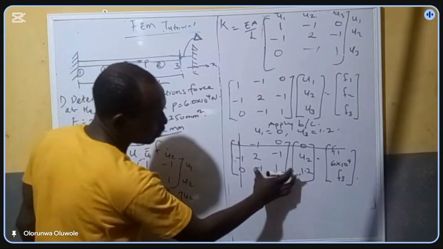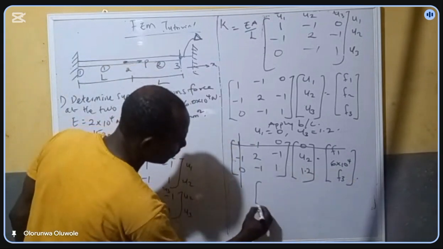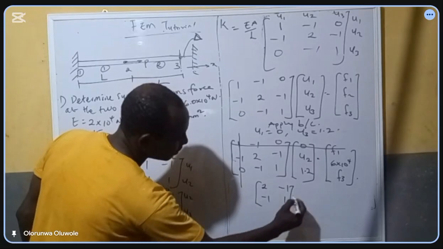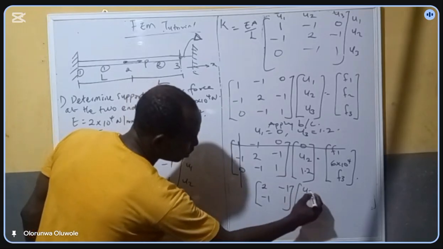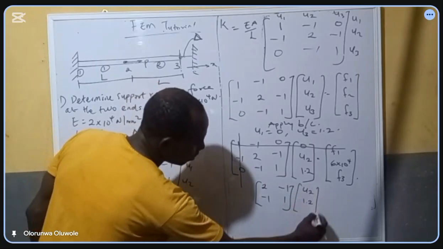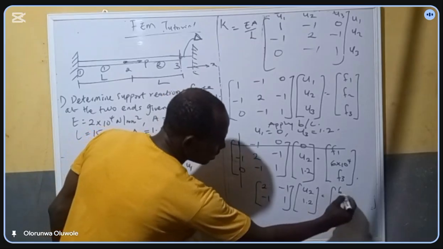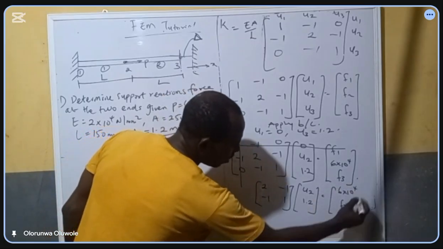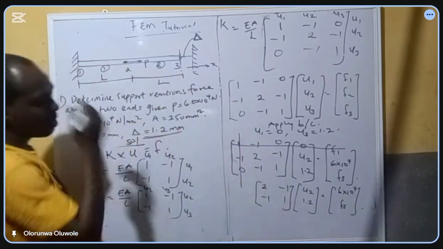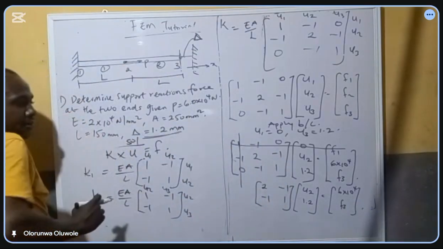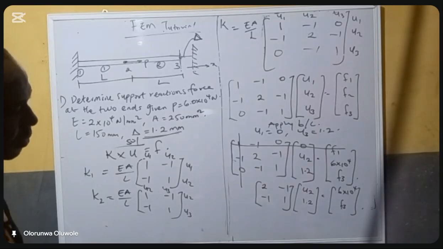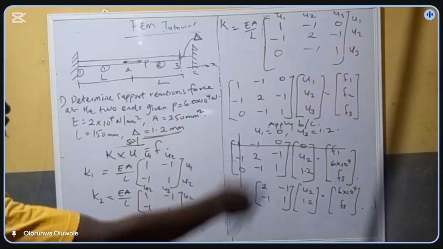So we are left with 2, -1; -1, 1, times U2 and 1.2, equals 6 times 10 to the power 4 and F3. Are we following? Then do your multiplication.